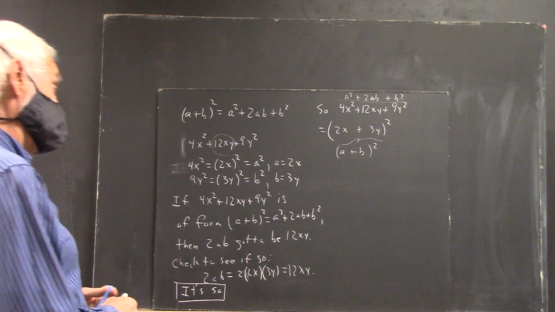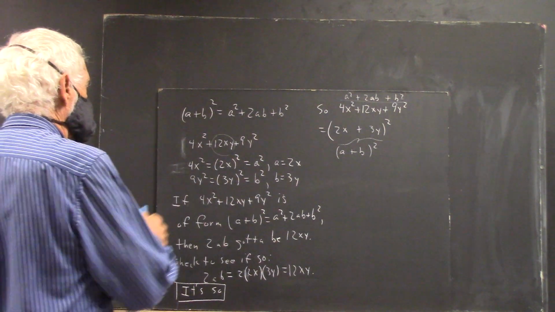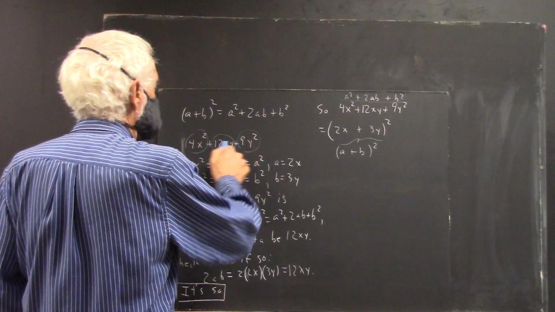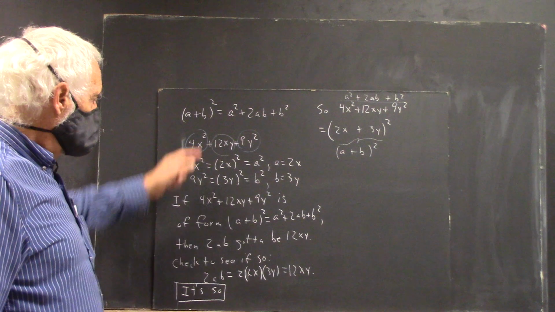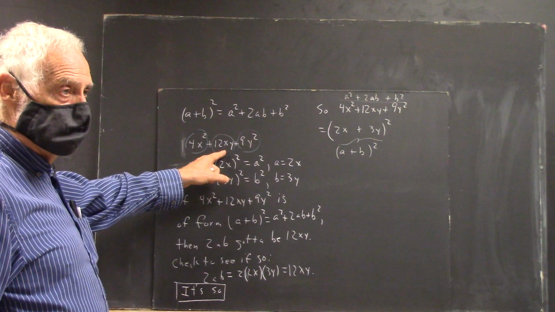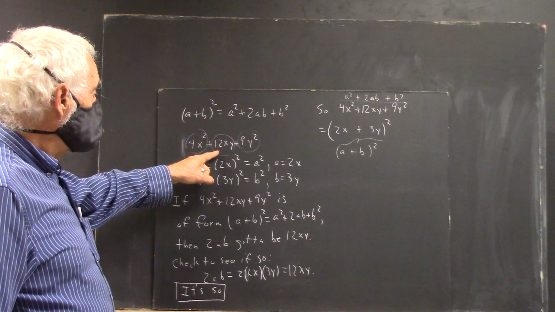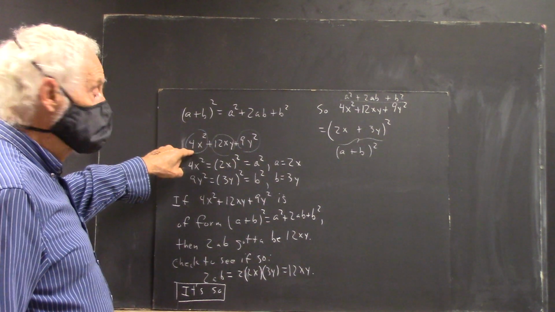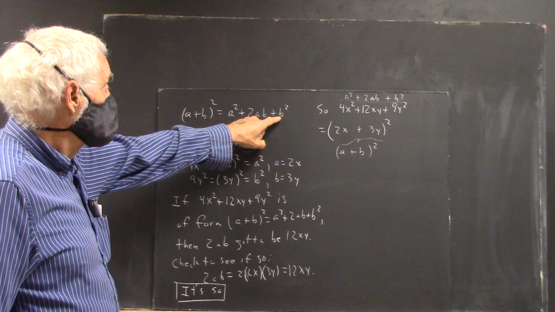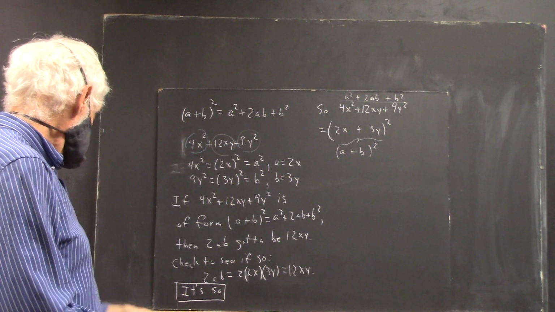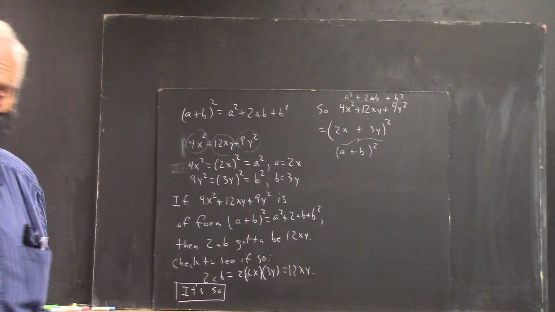Again, if you see something that has a perfect square here and a perfect square here, it's worth checking this out to see if this is 2 times whatever squared to get this, times whatever squared to get this, okay? So, ponder that for a minute.